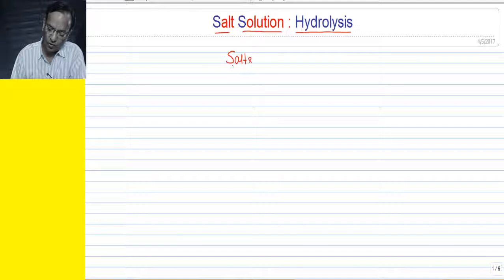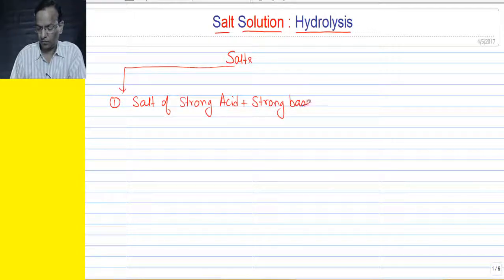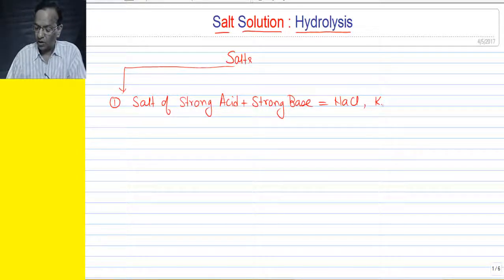One is salt of strong acid and strong base, like sodium chloride, which is a salt of NaOH, a strong base, and HCl, a strong acid, K2SO4, etc.